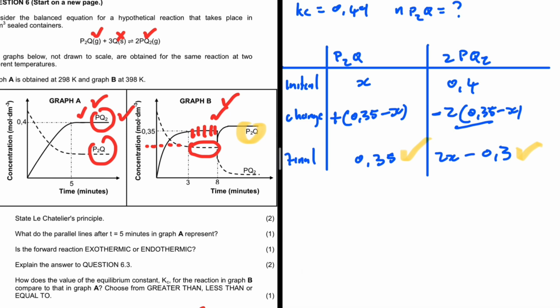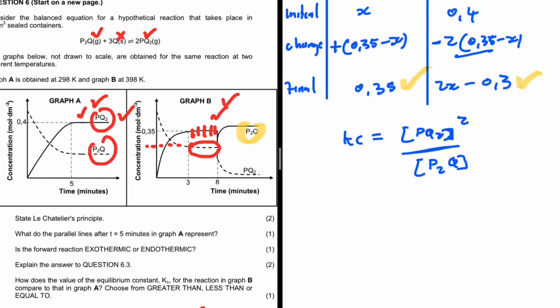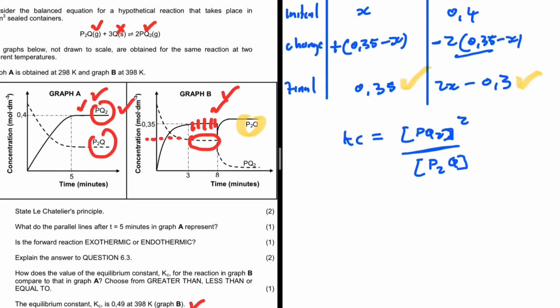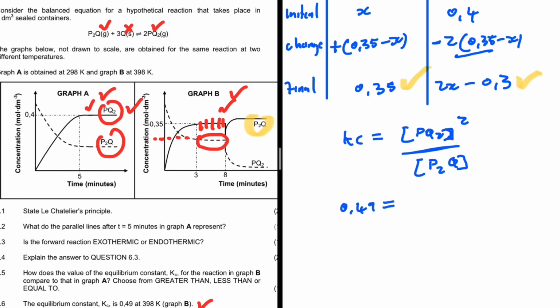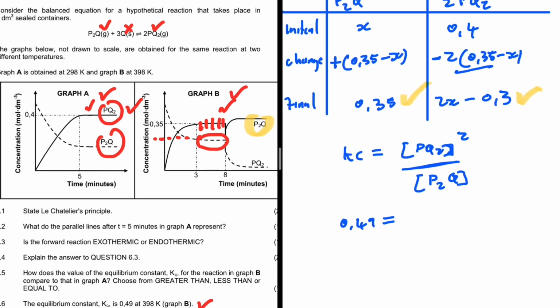So we can then say Kc is equal to the concentration of PQ2 squared divided by the concentration of P2Q. Okay, let's substitute. Kc is 0.49. For PQ2, we have 2x minus 0.3, and we square that.